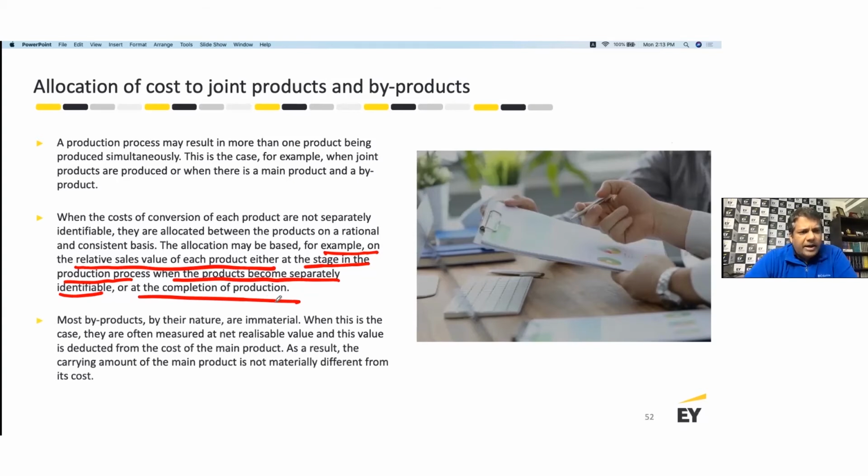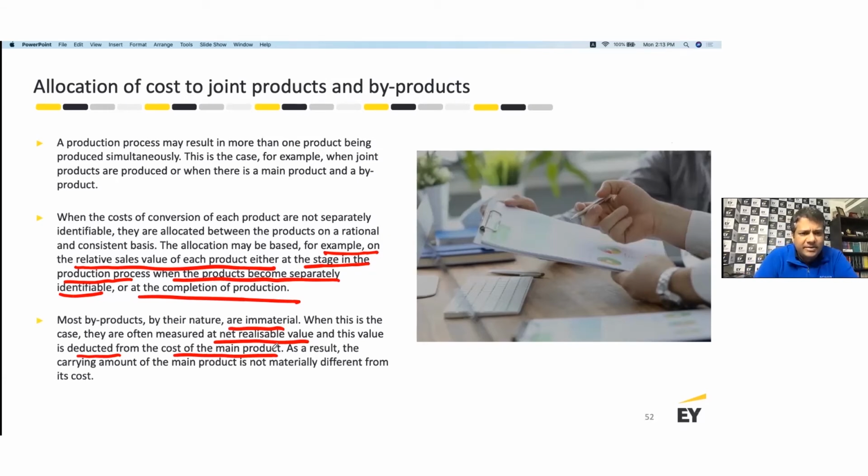Now, most byproducts by their nature are immaterial, okay? When this is the case, they are often measured at net realizable value, and this value is deducted from the cost of the main product. So remember, byproducts are generally considered to be immaterial, and if they are labeled as byproducts, then you measure them at net realizable value and reduce that from the cost of the main product itself, right?